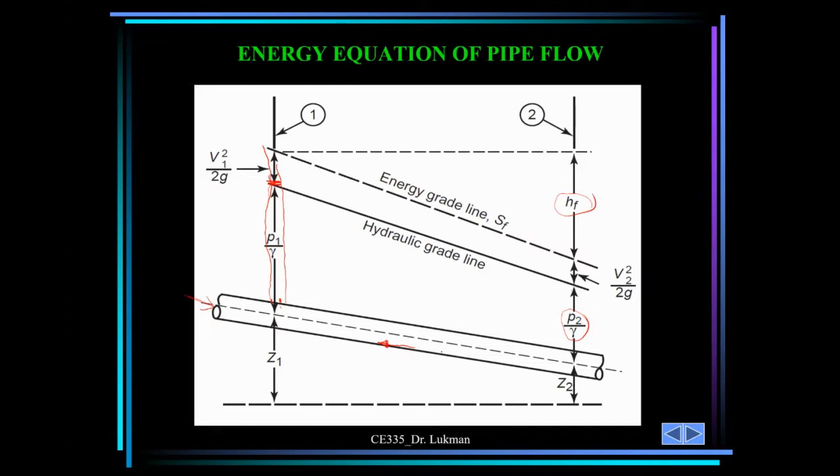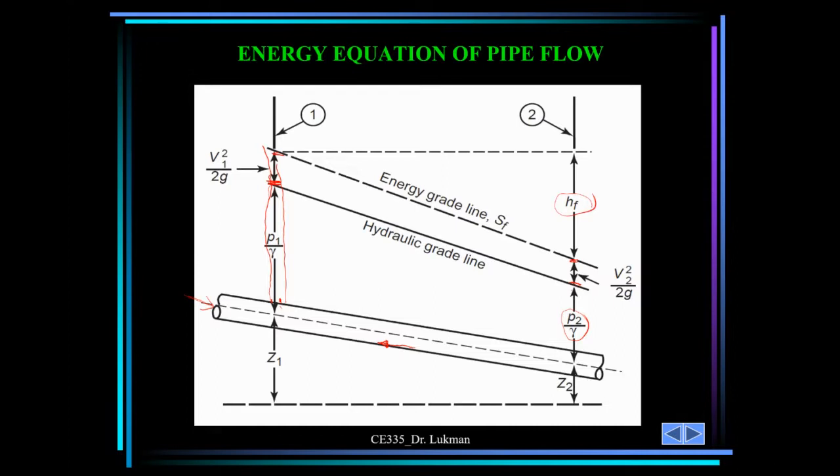This is a uniform pipeline, so if the velocity remains constant, that is, you have a uniform flow, then it will be the same. Although here the velocity is reducing gradually, you can see the height of the velocity head is lower here, which indicates that V1 is not equal to V2.